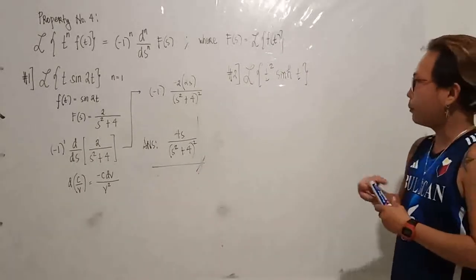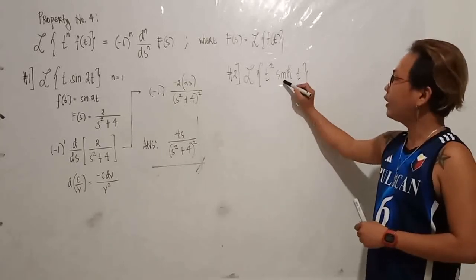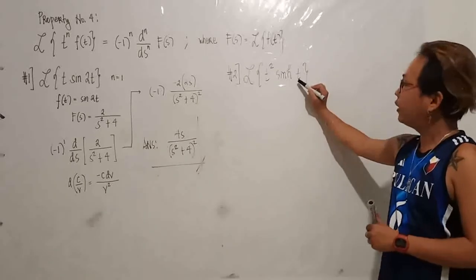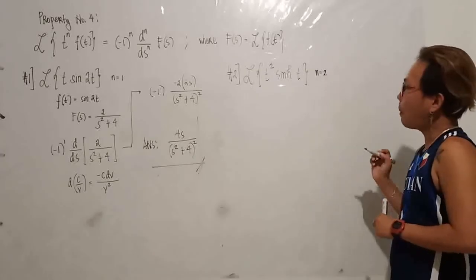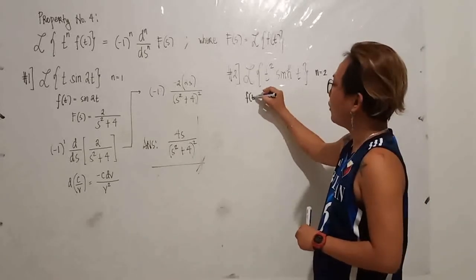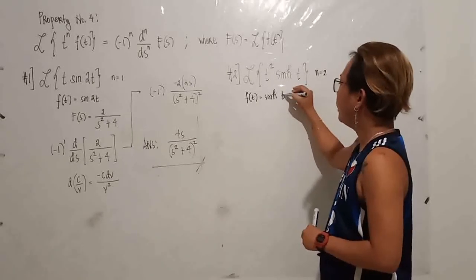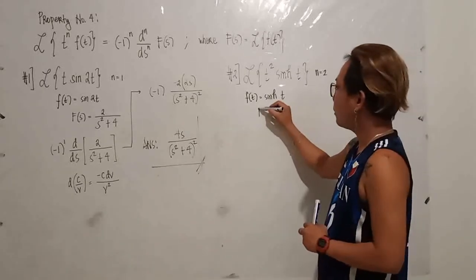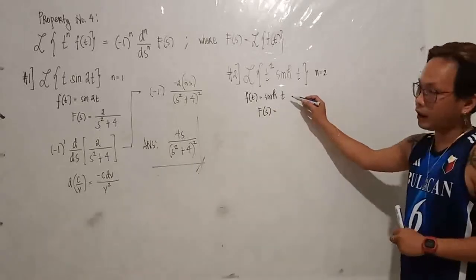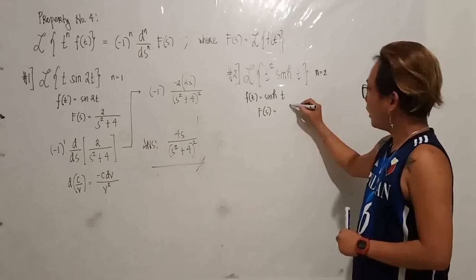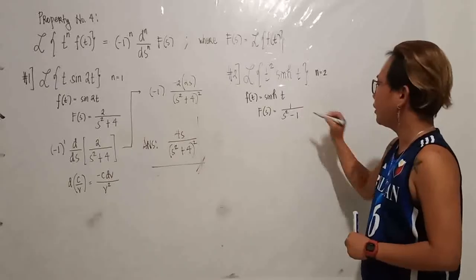Now for example number 2, you have t squared, then hyperbolic sine of t. The value of n here is 2. Now, your f of t in this equation is hyperbolic sine of t. Now, getting the Laplace transform of the f of t, which is the F of s, the Laplace transform of hyperbolic sine of t is 1 over s squared minus 1.